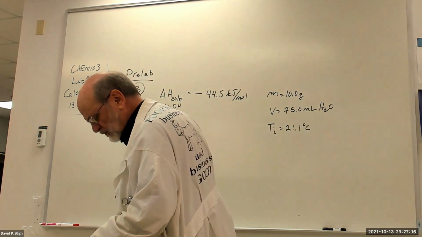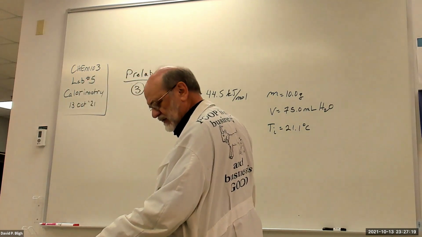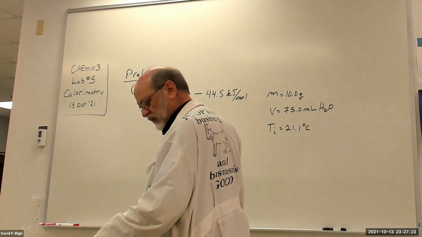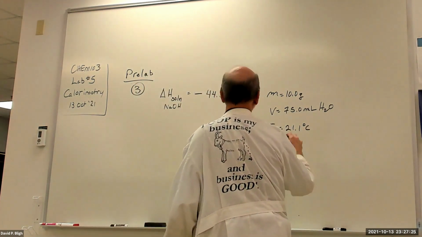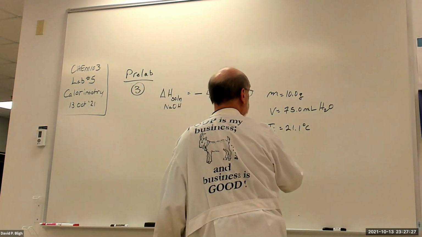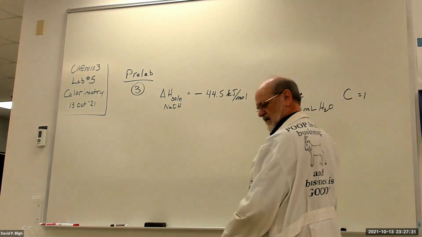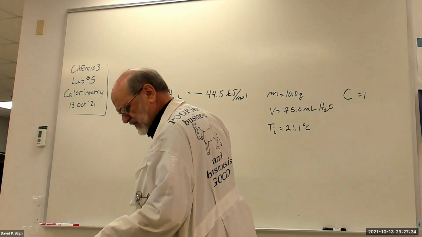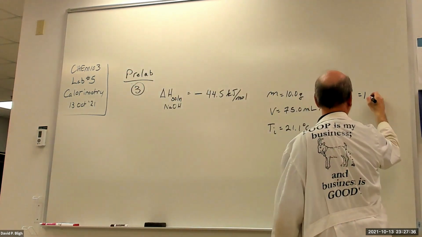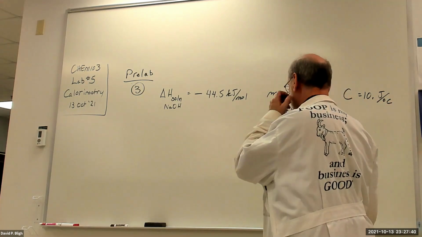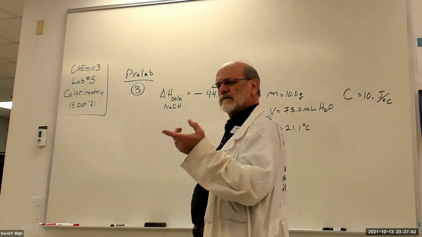What would be the maximum temperature attained? The heat capacity of a calorimeter is 1 times 10 to the 1 joules per, so that's big C. That's just 10 joules per degree C. Did we talk about that during lecture?